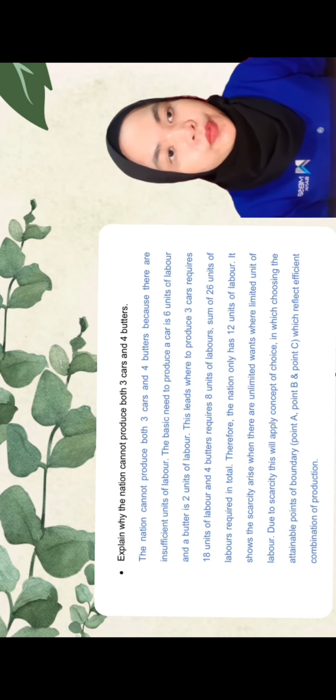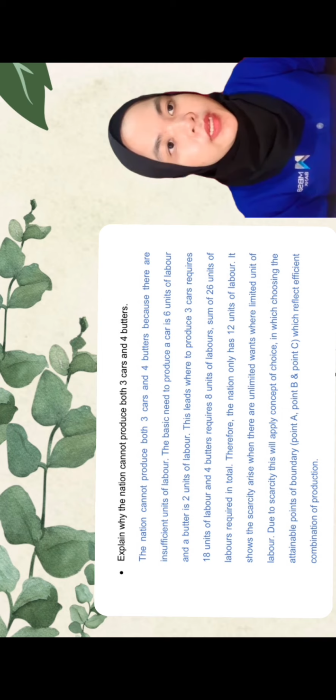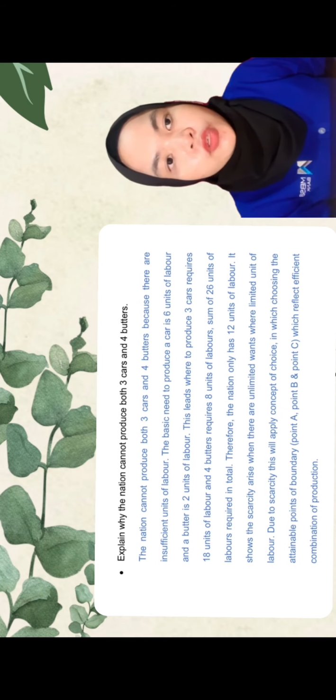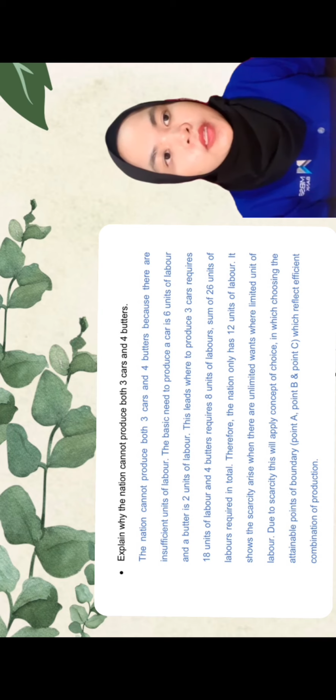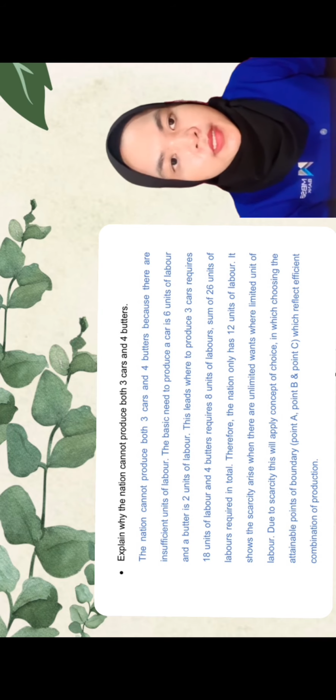The nation cannot produce both 3 cars and 4 butters because there are insufficient units of labor. The basic need to produce a car is 6 units of labor and a butter is 2 units of labor. This means that to produce 3 cars requires 18 units of labor and 4 butters require 8 units of labor. The sum is 26 units of labor required in total.